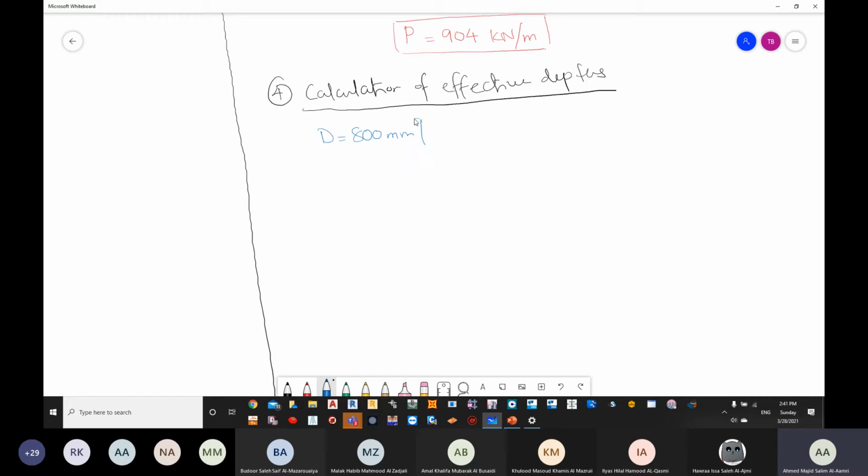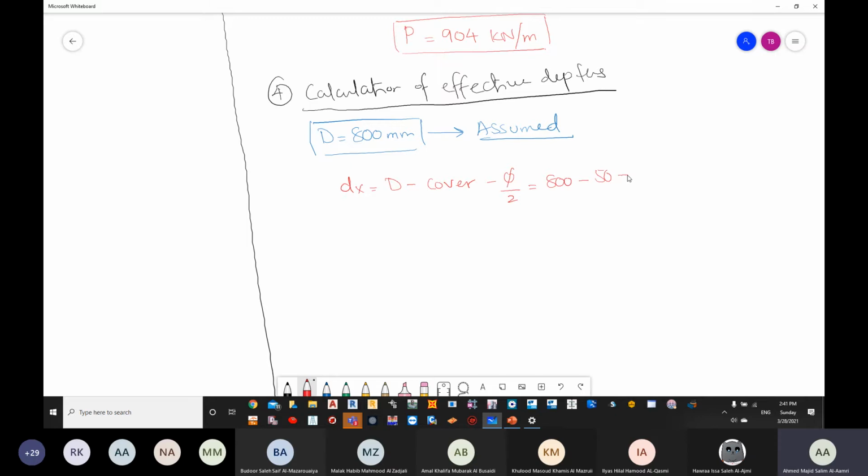So my depth is 800, and I write here "assumed" for your reference when you study. Now to calculate dx: dx is calculated as d minus cover minus diameter over 2. My depth is 800. My cover is 50 mm.